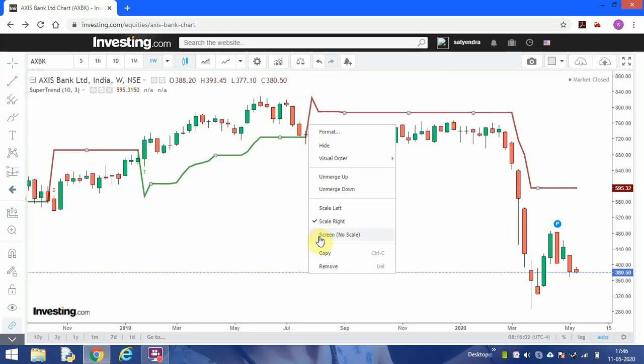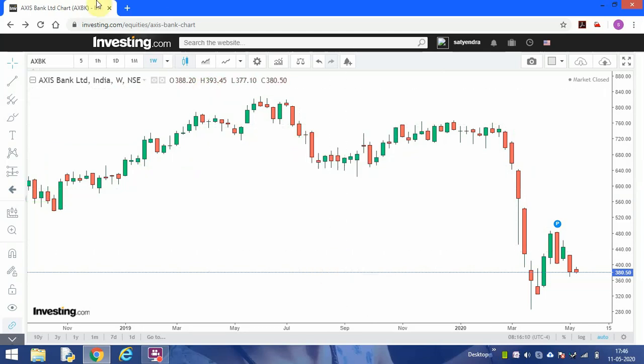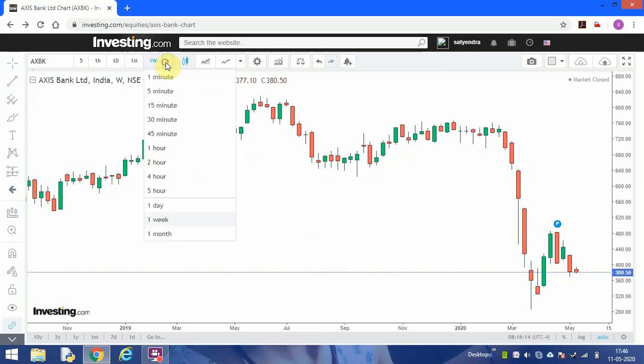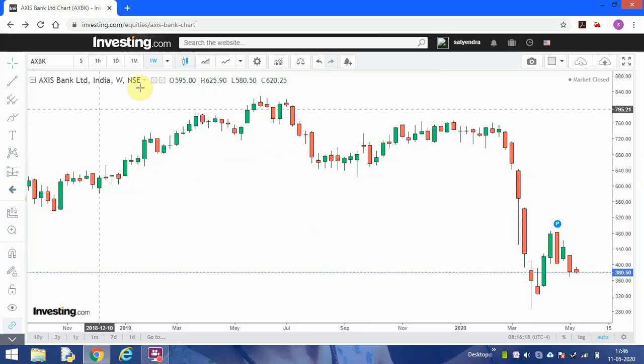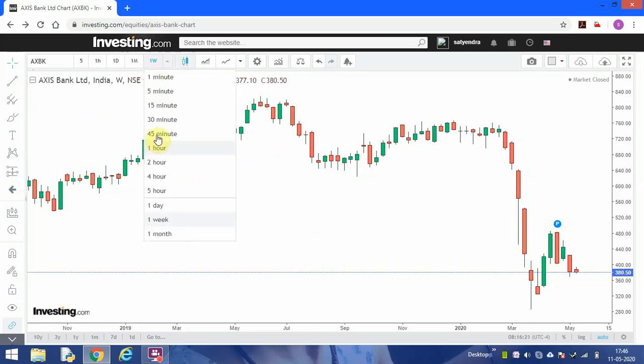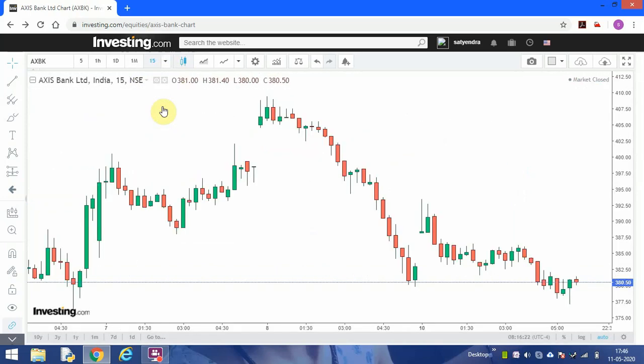So these 5 indicators you can use to judge. Then candle, then pattern. This will help you. As per Dow theory, you have to trade in the trend. So for intraday you use the 15 minutes time frame.